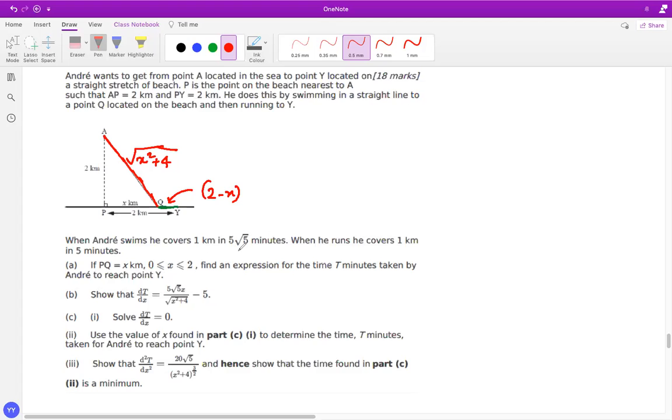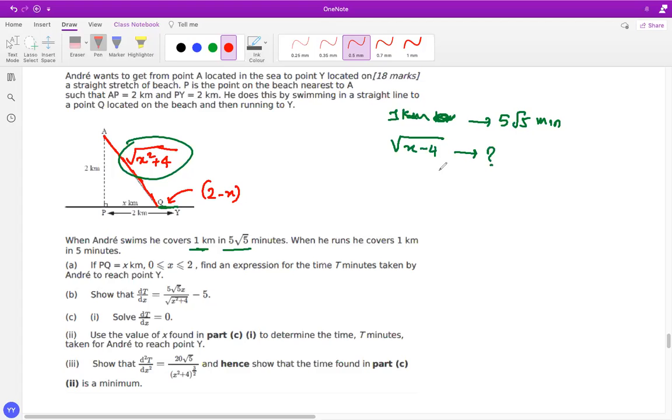The given condition here is that he covers 1 kilometer in 5 √5 minutes. So if he can swim 1 kilometer in 5 √5 minutes, how much time is he going to take to cover √(x squared plus 4)?